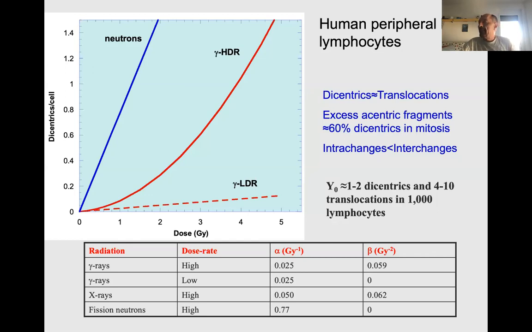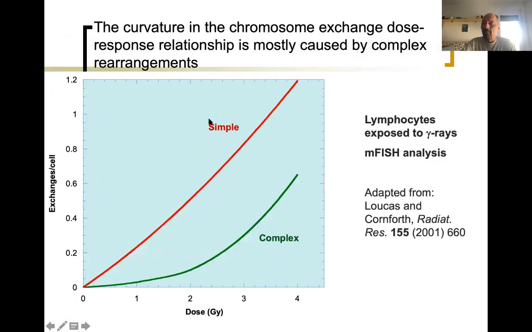These are now typical values for the dose response curves for high dose rate, low dose rate, and neutrons. And you see, they are very different. At low dose rate, there is almost no curvature as compared to the high dose rate. We will try now to understand why.